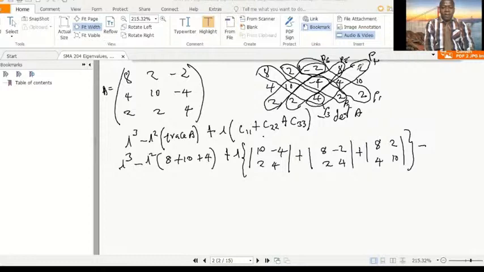The determinant here is 36. This is minus, so minus is plus 4. And this is 80 minus 8, which would be 72. Then minus 360. You can use your calculator to do this: 48 plus 36 plus 72. Let me also use my calculator here.